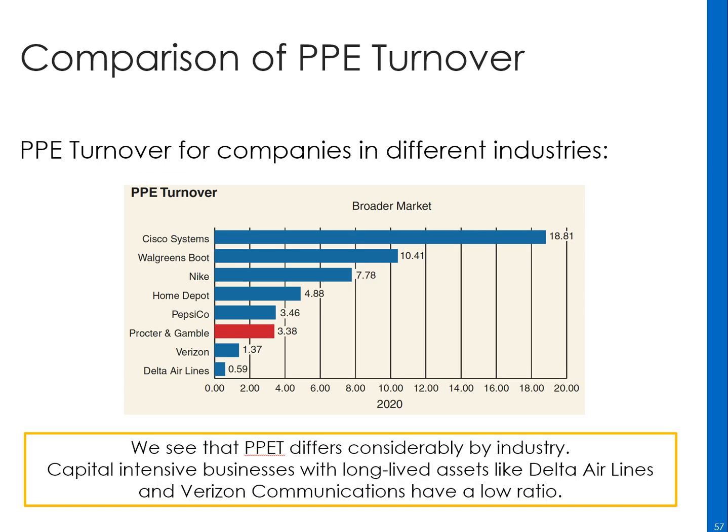But this is also industry dependent. The high technology industries are much higher. For traditional capital intensive industries like the airline and telecommunication industries, it will typically be lower. It's understandable.